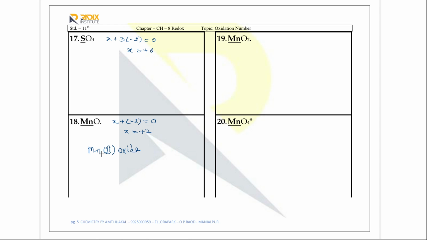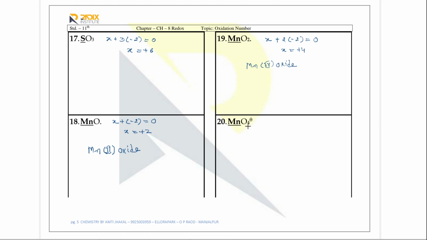Here 2 is representing that manganese is in +2 oxidation state. Similarly here, manganese oxidation state X, oxygen oxidation state 2 into -2 is equal to 0. So X is equal to +4. So according to Stock notation, we can write manganese(IV) oxide.